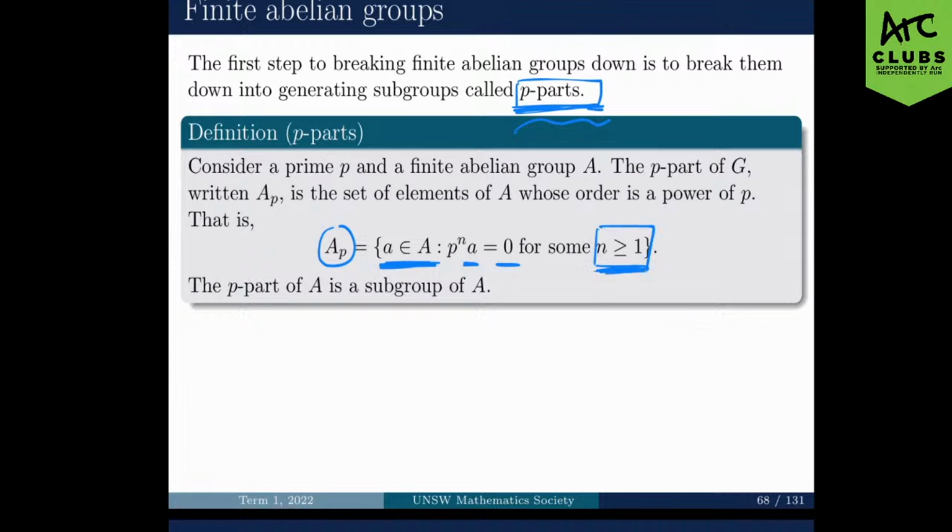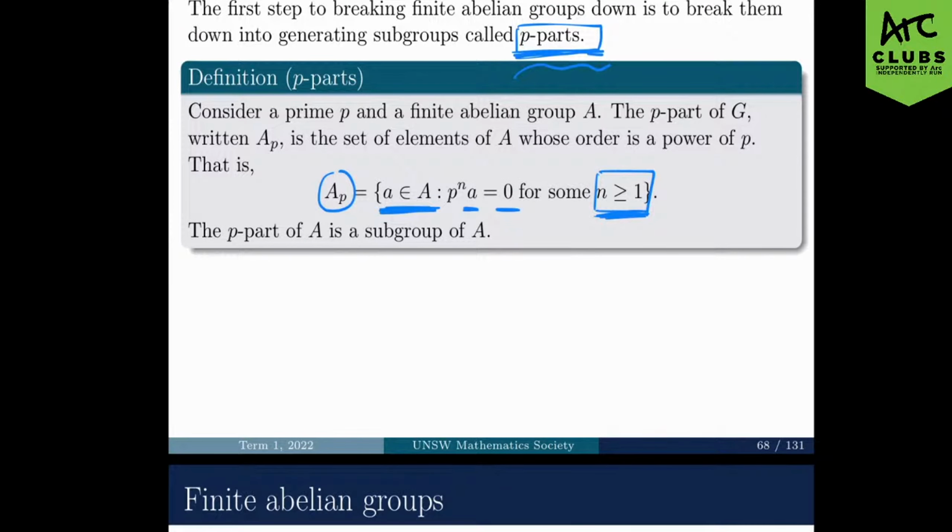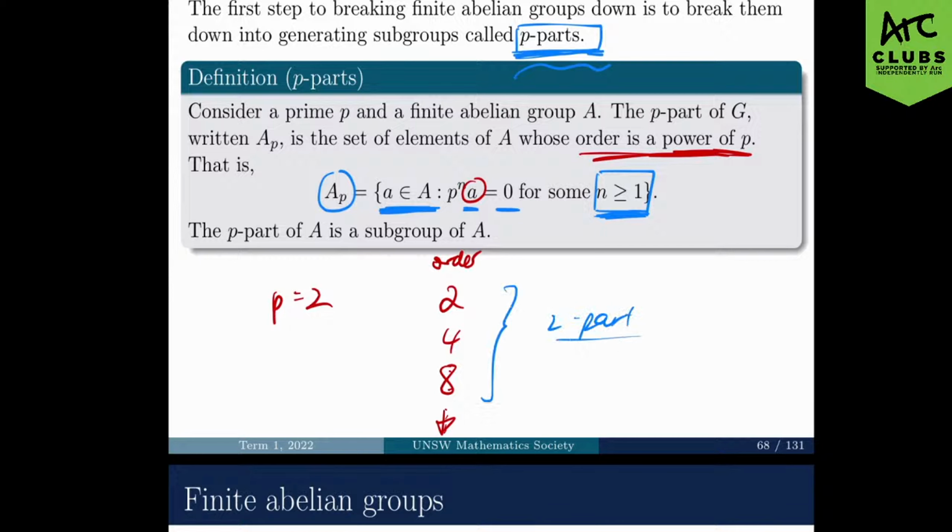What that means is that the order of a is some power of p. So for example, if p equals 2, and you've got an element of order 2, an element of order 8, an element of order 4, and so on, then that constitutes your 2-part. And it turns out that the p-part of A is a subgroup of A.